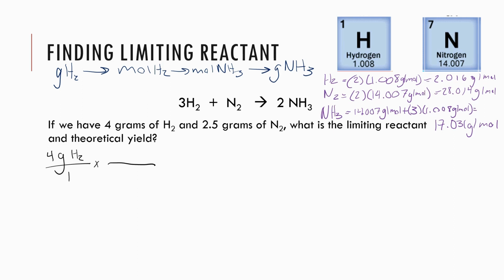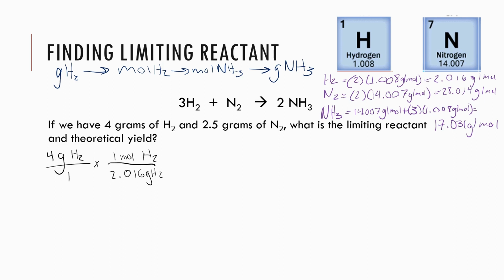In this case, we want to put our grams on the bottom so that grams of H2 cancel out. So we would write it like this: 2.016 grams of H2 over 1 mole of H2. It's really important that we write grams of H2 and moles of H2 because that will tell us what we can cancel out.